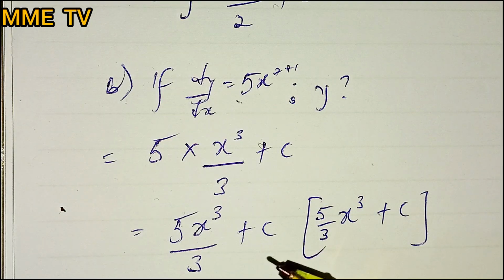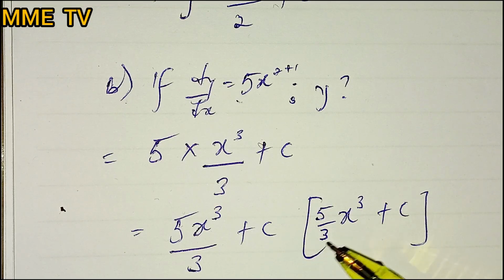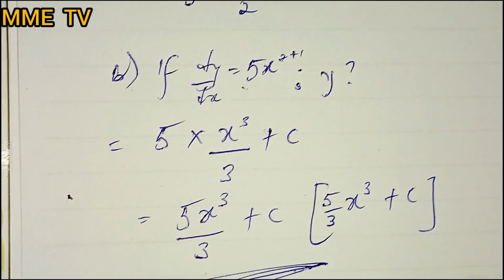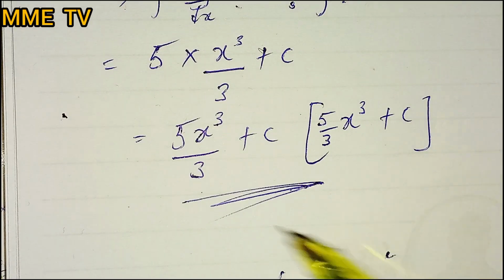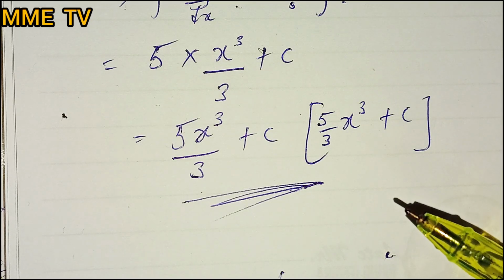Now, someone could possibly ask, what actually led to 5x raised to the power of 3 all over 3? Remember, with the steps which we have passed through now, you're not supposed to have issues with it, but if for any reason you still have issues with that, you don't have to hesitate. You can DM me through my email, okay?